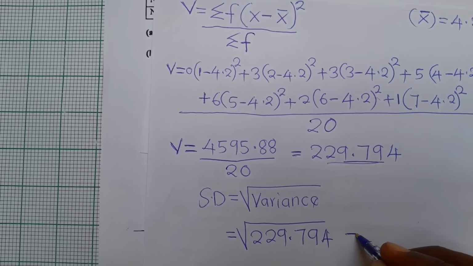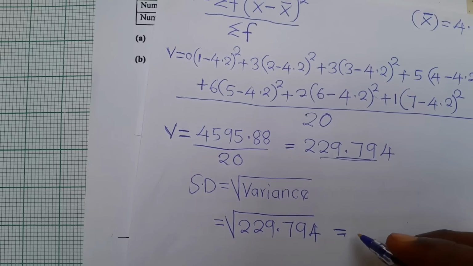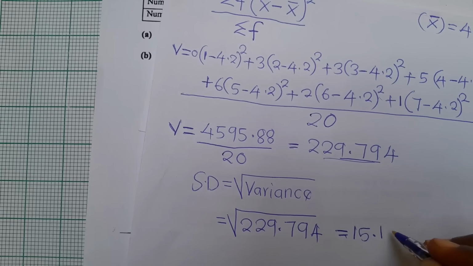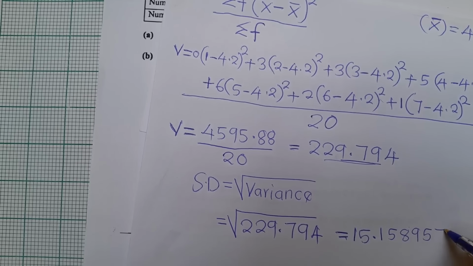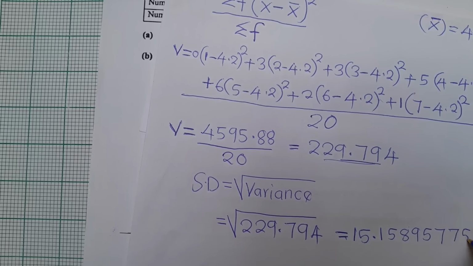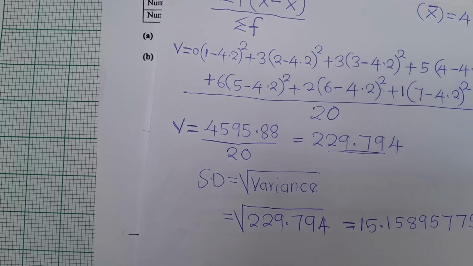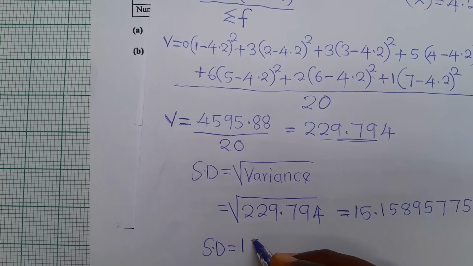What answer are you getting when you put the square root? We are getting 15.15895775. If you round off to the nearest whole number, you are just getting 15. So standard deviation is equal to 15.